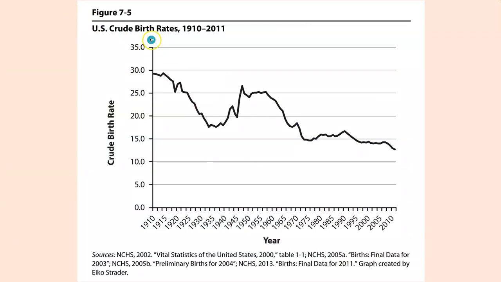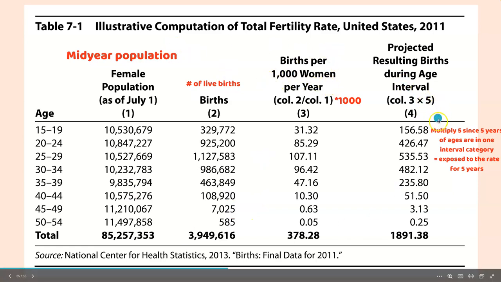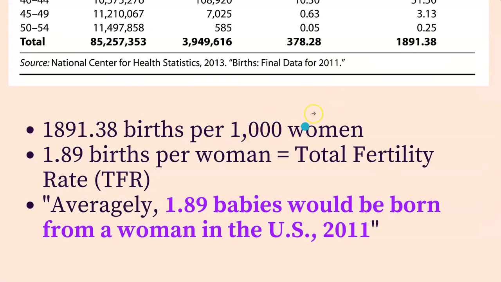Looking at the crude birth rate of the United States, we can see that it is going down and down. It's about 13 after 2010, which means 13 babies per 1,000 people. I will not ask you to calculate the total fertility rate, but it says 1,891.38 is the total number of births, and it should be divided by 1,000.